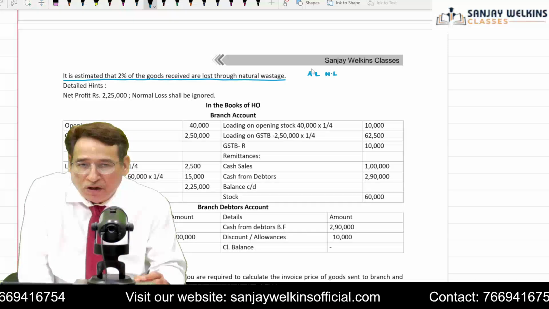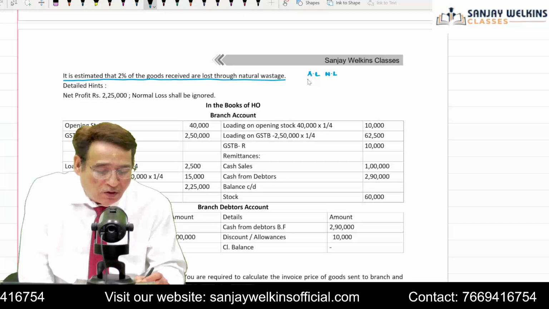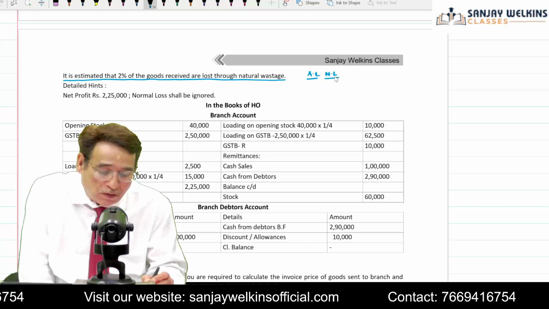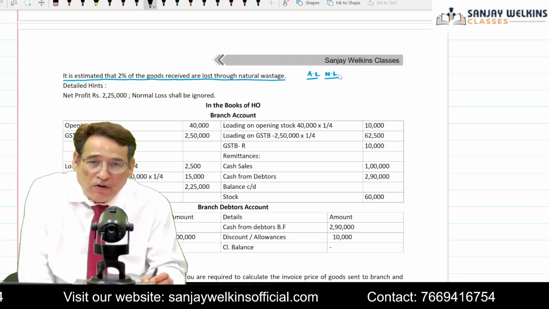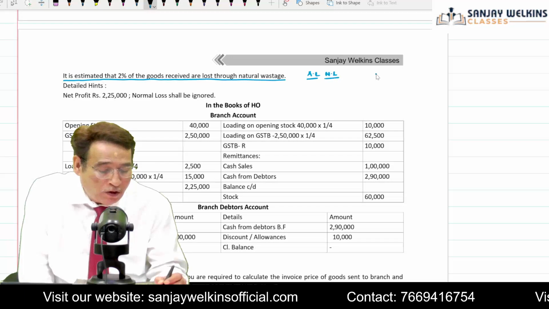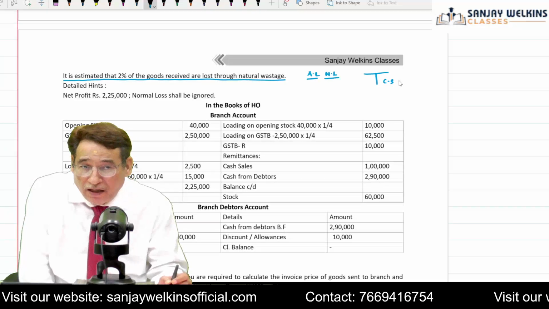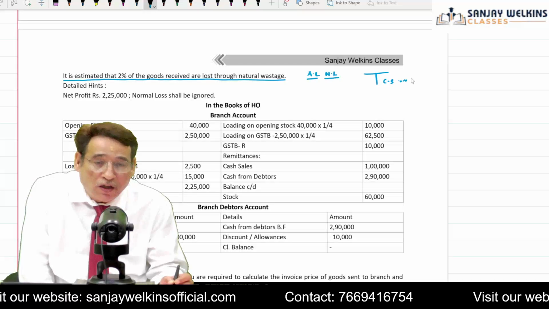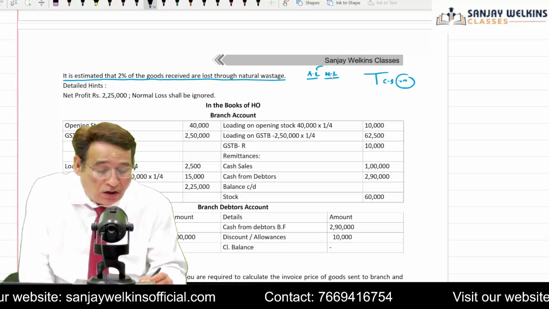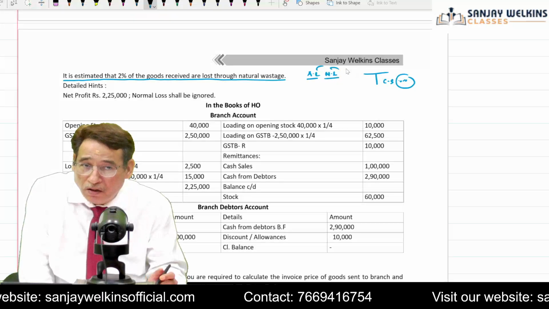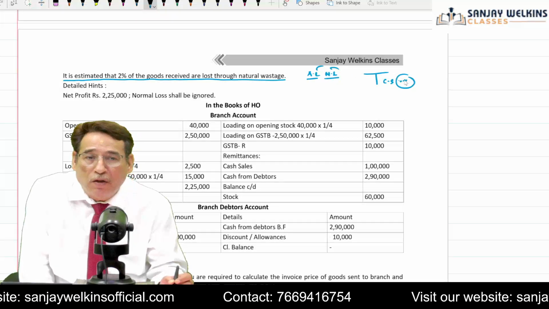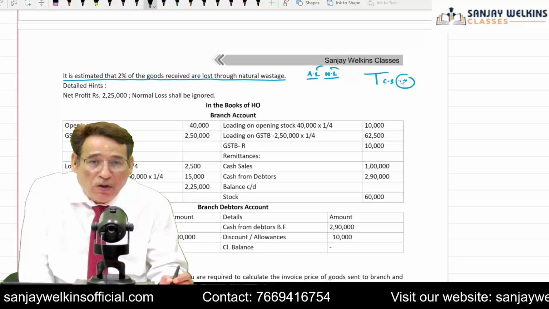So it is natural. So if ever you are given abnormal loss of goods or normal loss of goods, you are going to ignore it. The reason is that we write closing stock in the branch account. And when we write closing stock, it means the closing stock is after taking into account the abnormal loss or normal loss. So whatever closing stock is left over, we are going to put on the credit side, as you know.